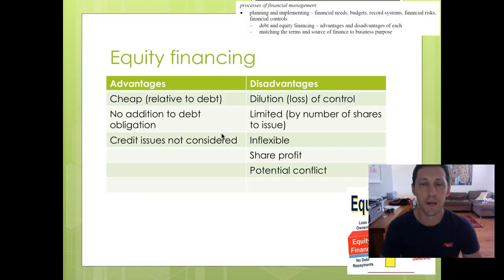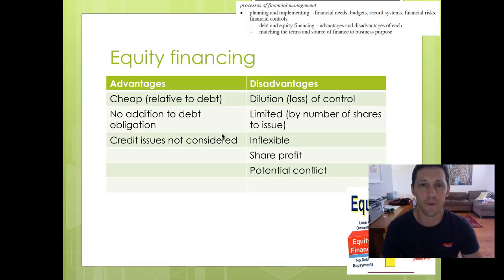And ultimately, a disadvantage also is potential conflict. Every public company that issues shares must hold an annual general meeting at which shareholders are entitled to vote. And they can vote on things such as the CEO or senior management's remuneration, so their pay. So that could create some conflict.